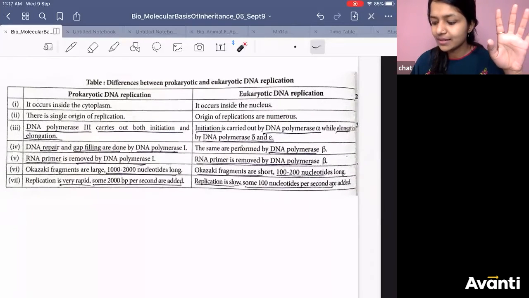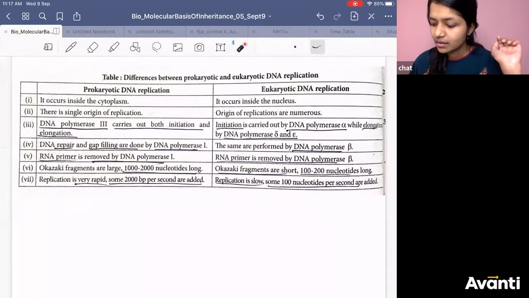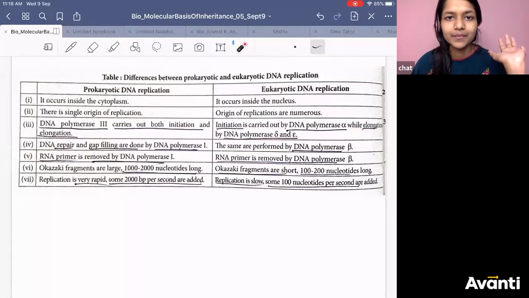So here everything is given. What helps in DNA polymerization? What helps in proofreading? All the things are given. If you want to remember, you can remember. There is no need to remember it, but for prokaryote you need to remember that DNA polymerase 1 helps in proofreading and DNA polymerase 3 helps in the replication process. When it comes to eukaryote, you will just remember DNA polymerase.